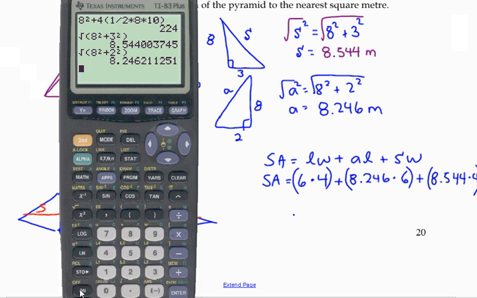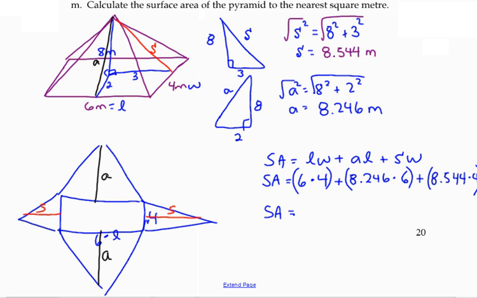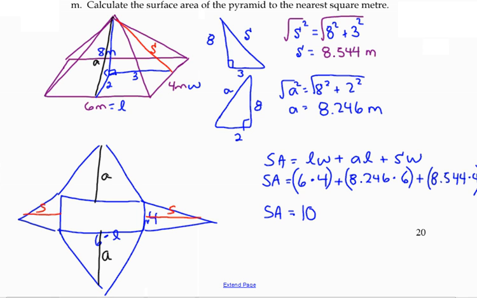Once you understand the formula, it's easier, because there's 2 triangles here, and the 1/2 and the 2 canceled out. So 6 times 4 plus 8.246 times 6 plus 8.544 times 4. Did you get the same thing? 107 point, let's go to 1 decimal place. That would be meters squared.